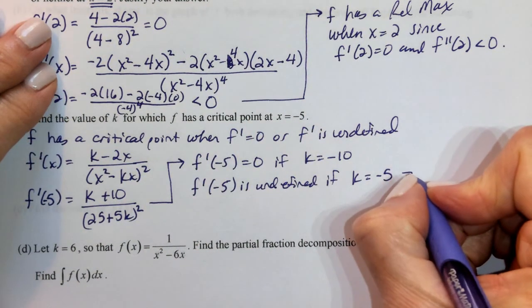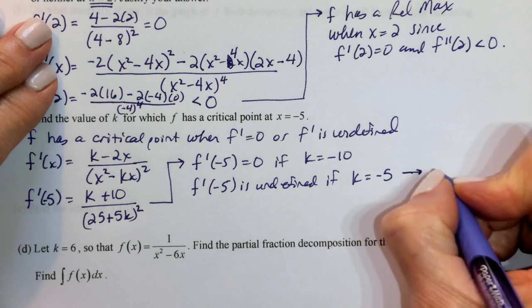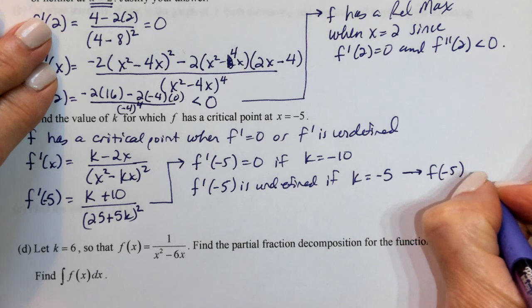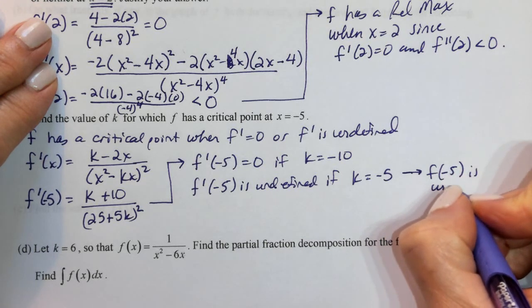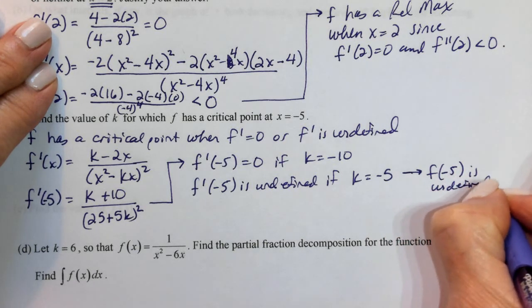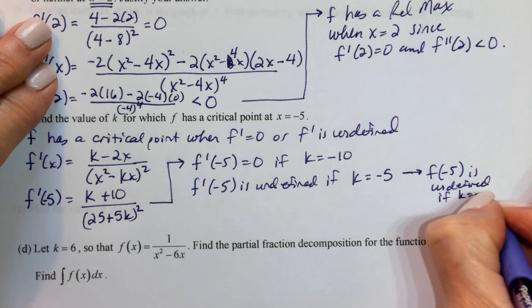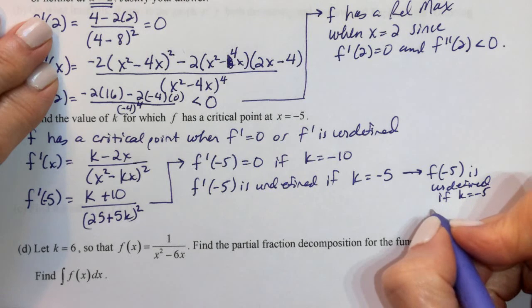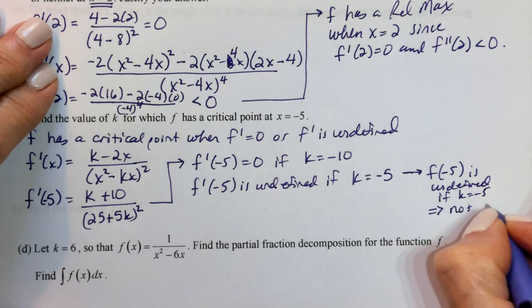So f at negative 5 is also undefined when k is negative 5. Okay? So that's not a critical point.